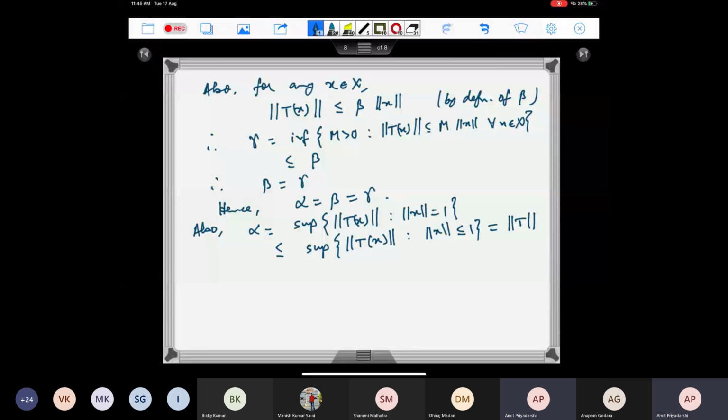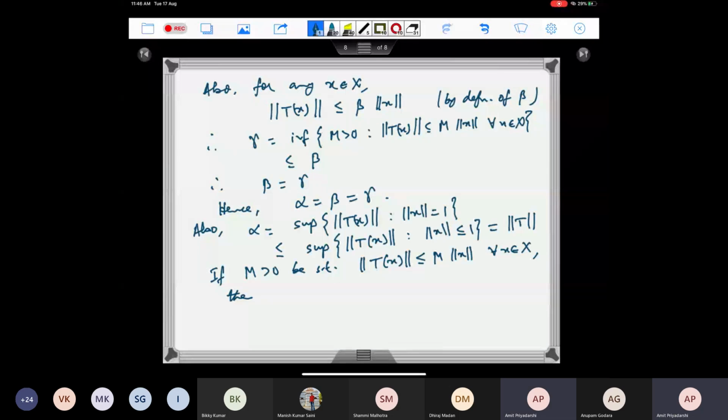So if m greater than 0 is such that norm Tx is less than or equal to m times norm x for all x in X, then what is norm T?